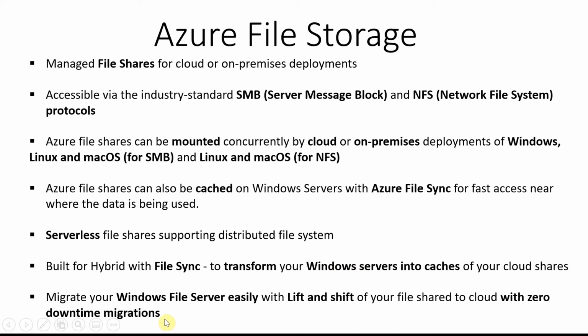And then also migrating your files. To migrate your Windows file server, you can primarily use it as is, like a lift and shift of your files, and it's more or less zero downtime migration.